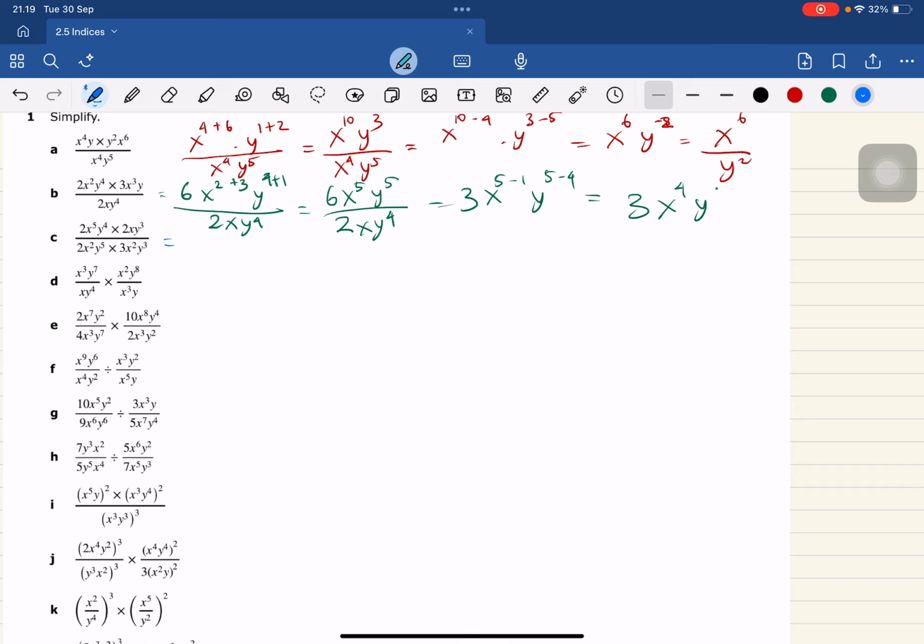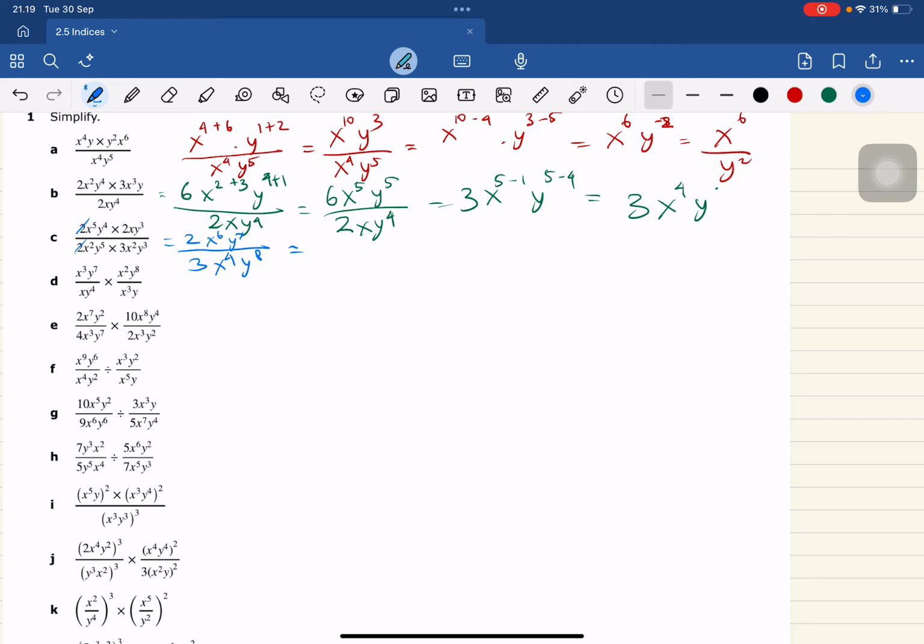So look at here, 2 we can simplify, 2 divided by 2. Okay, there it is, so the number is 2 over 3. So x power of 5 times x is going to be x power of 6, and then y power of 4 times y power of 3 is going to be y power of 7, and then down below, x power of 2 times x power of 2 is going to be x power of 4, and then y power of 8.